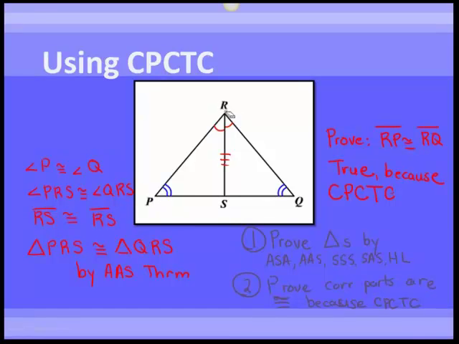RP is congruent to RQ as a result of knowing that the triangles are congruent. PS is congruent to QS as a result of knowing that. And angle PSR is congruent to angle QSR because corresponding parts of congruent triangles are congruent. So we're going one step further: prove the triangles are congruent first, and then show that the corresponding parts are congruent because the triangles are congruent.